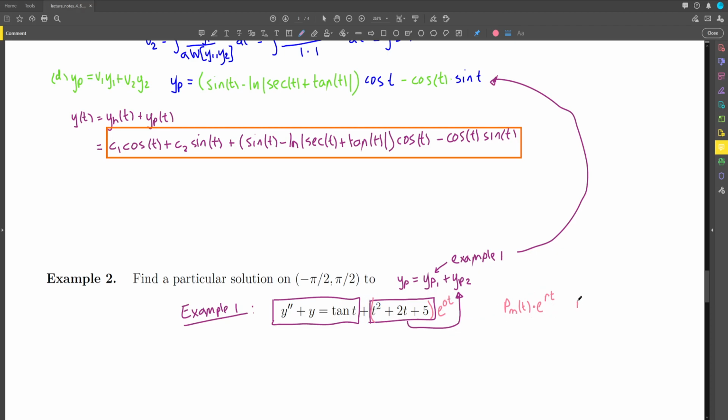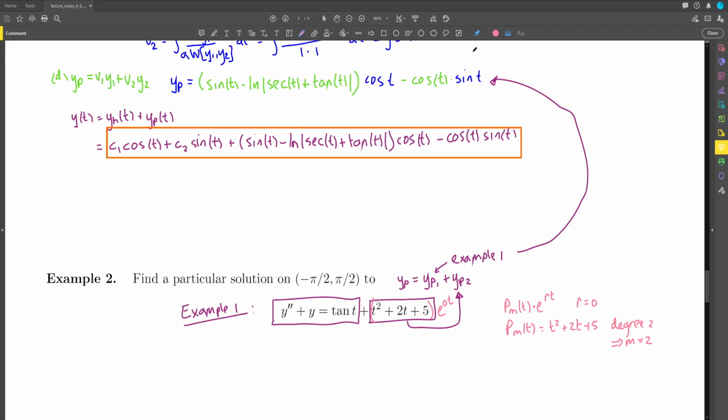And so what we see is that r equals 0, and that Pm of t, the polynomial, is t squared plus 2t plus 5. That's a polynomial of degree 2, and so that means that m equals 2.